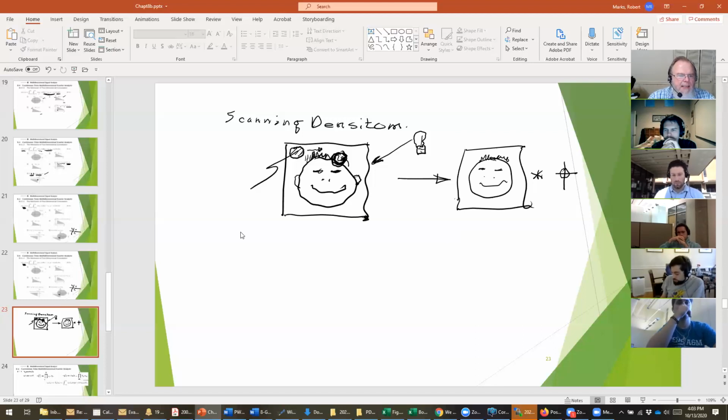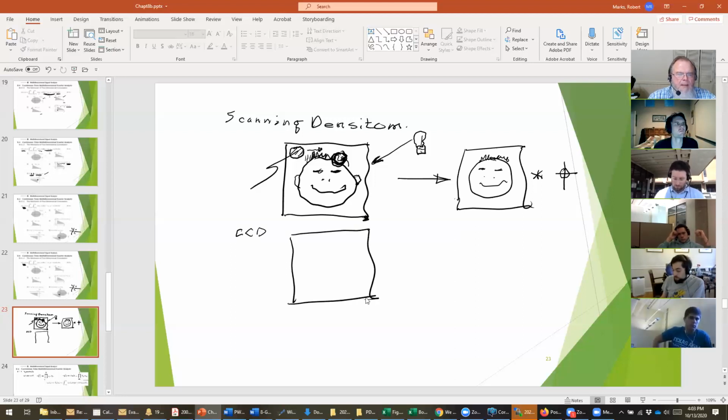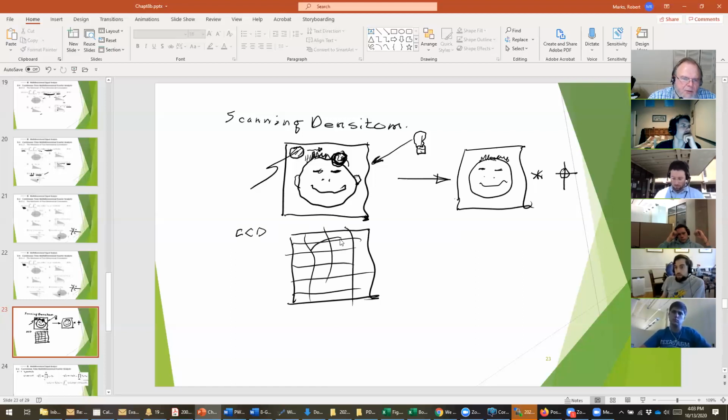Now, today on a CCD array, for example, imagine that instead of a photo detector, we have a bunch of CCDs. And we're trying to capture an image. Forgot this poor guy's ears up here.